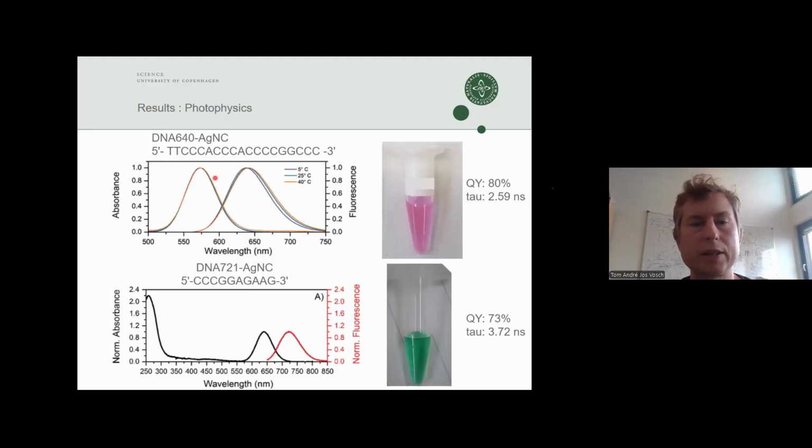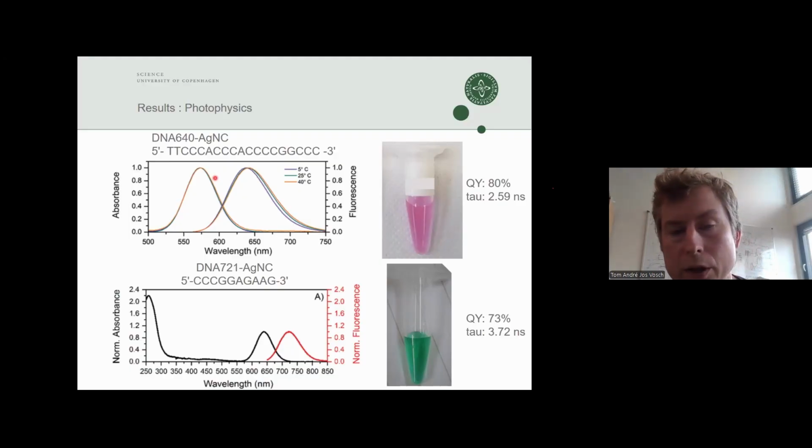Now, to give some examples, here we have two sequences, and you can see that they stabilize fluorophores with typical molecular-like properties. For example, we have here two emitters with excited state lifetimes of a few nanoseconds with reasonably high fluorescent quantum yields.